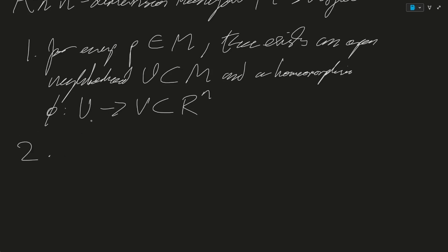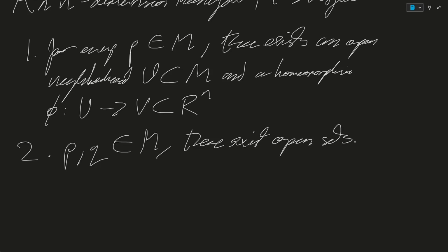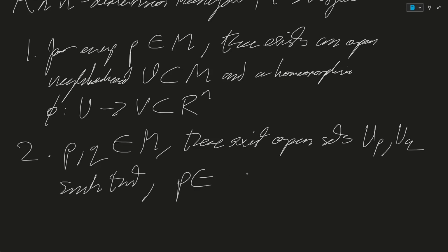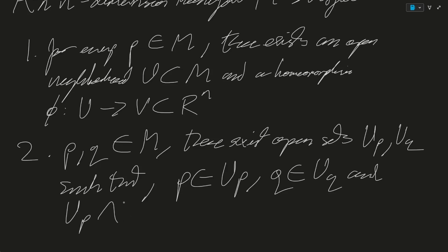Our second condition is that M is Hausdorff. So if we take any two points P, Q in M, there exist open sets UP and UQ such that P is in UP, Q is in UQ, and most importantly, UP intersect UQ is the empty set.